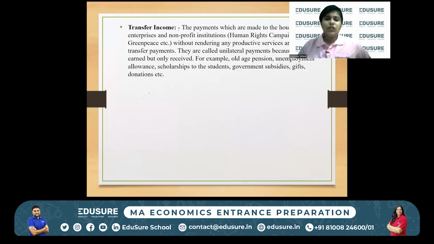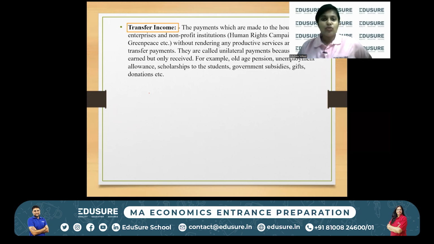When you don't earn it, but you get it, it's called transfer income. All right, so payment made to households, enterprises, non-profit institutions like Greenpeace, if they don't render any service in return to you, then that's transfer income. If I support Greenpeace, let's say, and I pay them something, that's not factor income of Greenpeace. Okay, because that's transfer income.